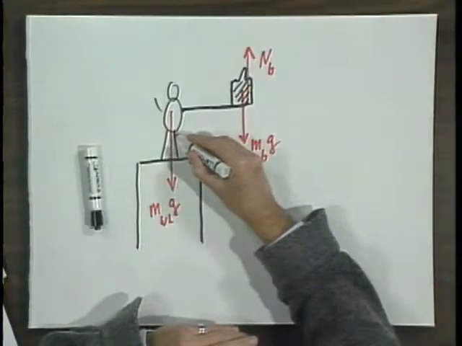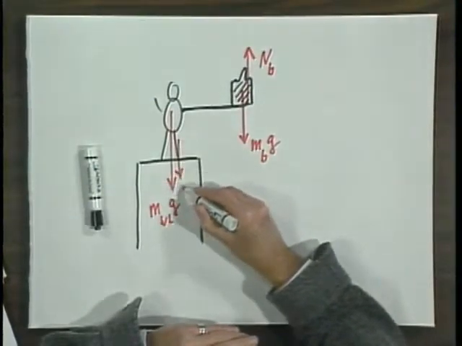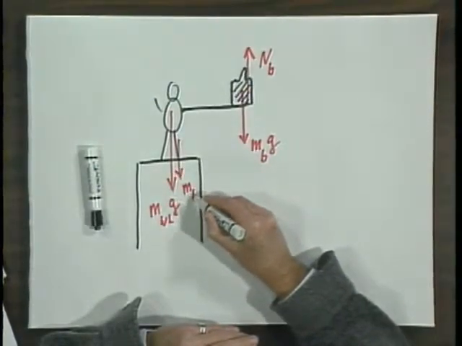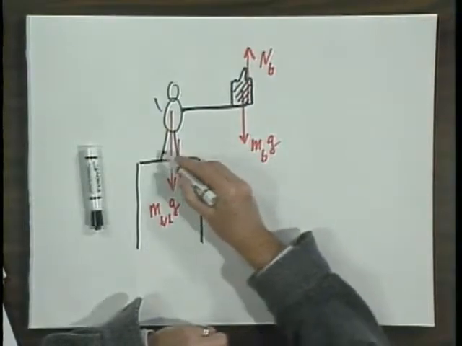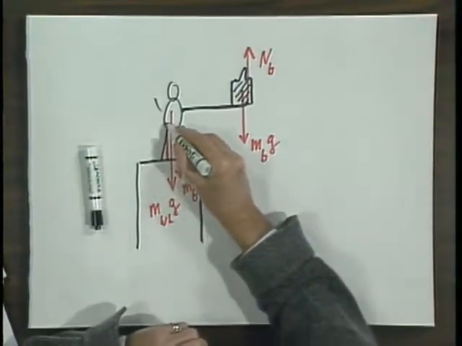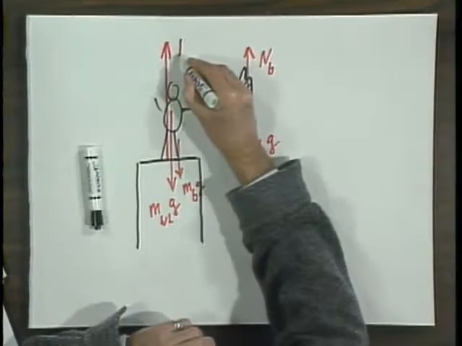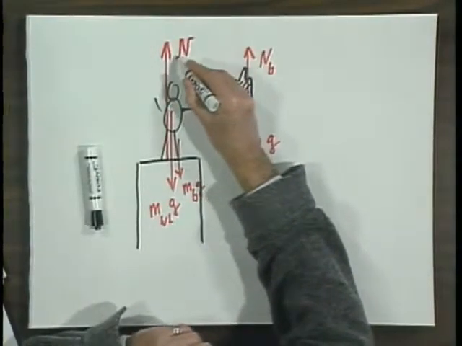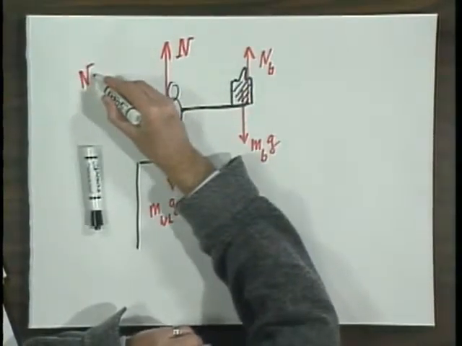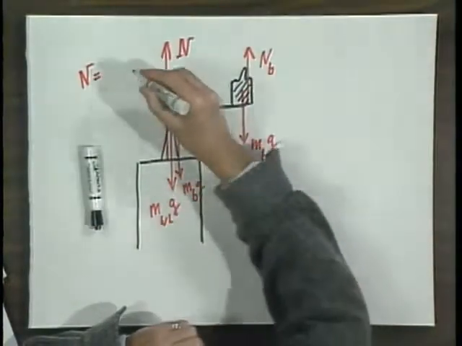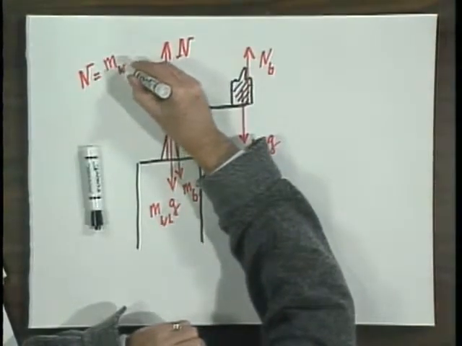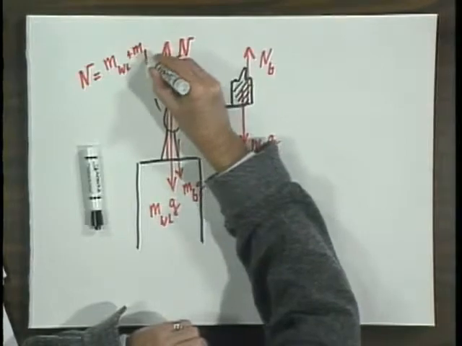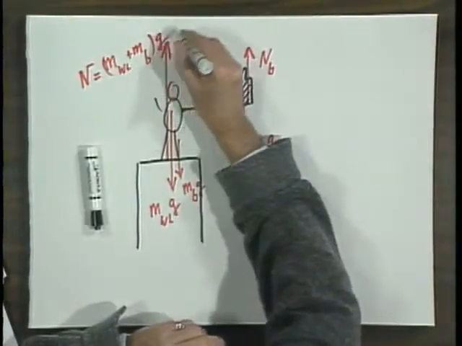So there is an additional force, which is m bottle times g. And these two are exactly counterbalanced by a normal force, and the magnitude of the normal force is m Walter Lewin plus m bottle times g.